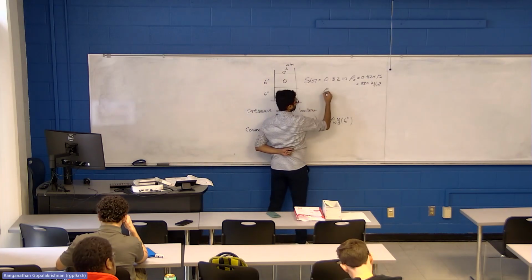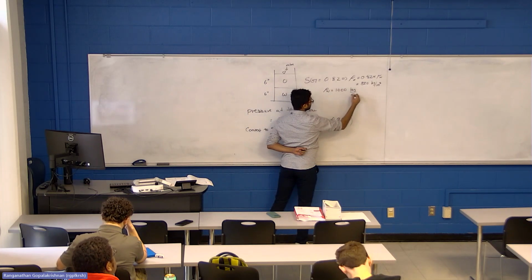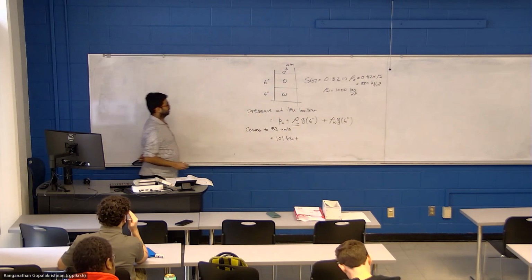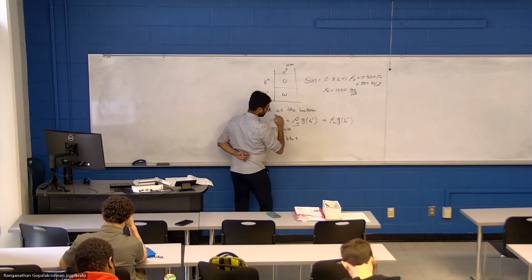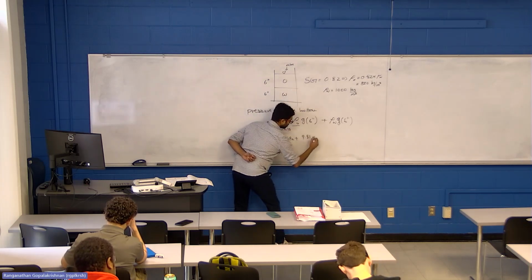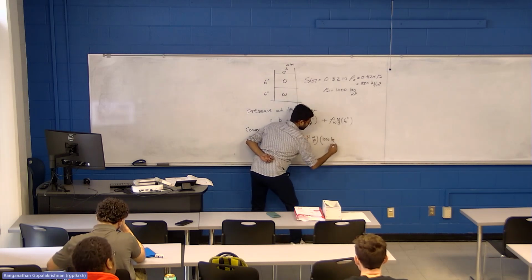I assume we all know that the density of water is 1,000 kilograms per meter cubed. So that would be g, 9.81 meters per second squared, times the density of water, 1,000 kilograms per meter cubed.